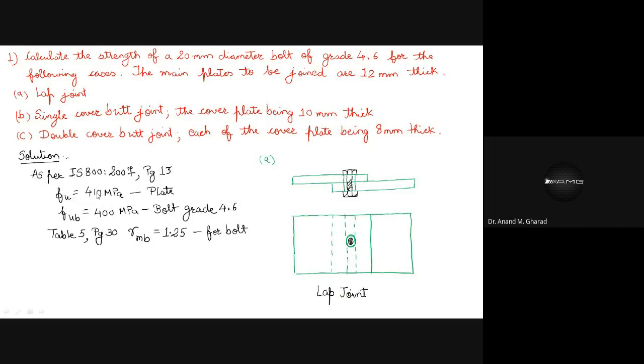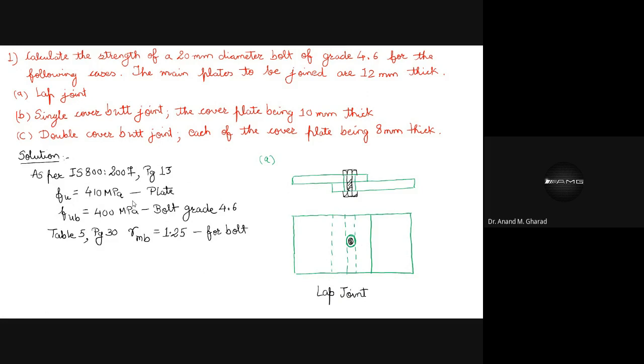So for grade 4.6, you please write down for grade 4.6, FU is equal to 410 MPa for plate. So from where did you get this? FU equal to 410 MPa.